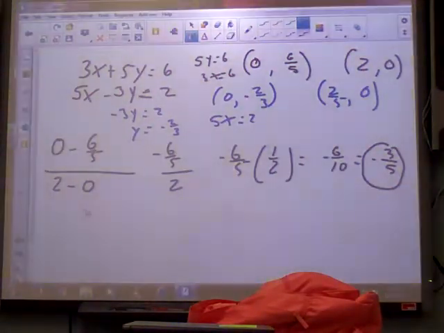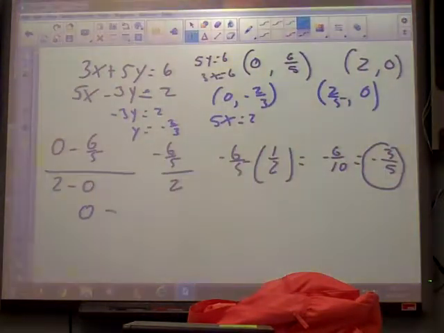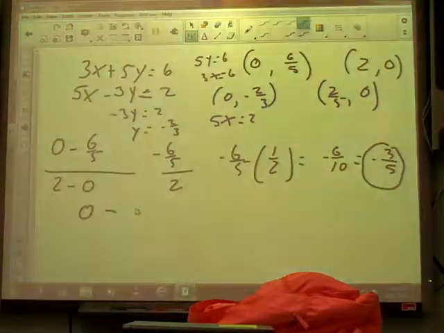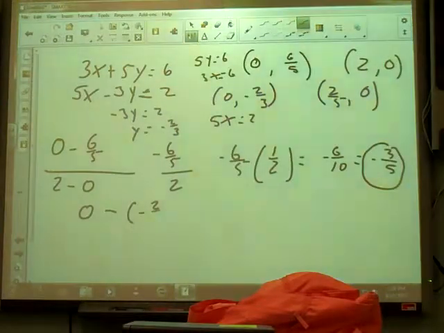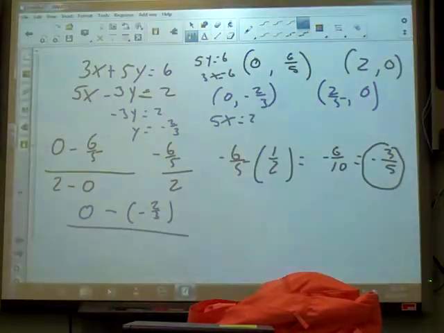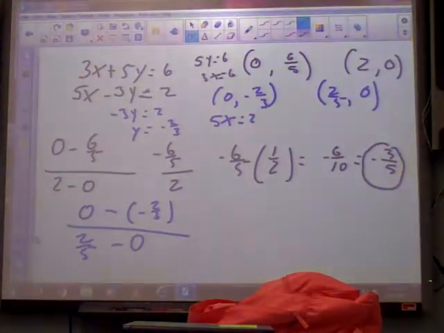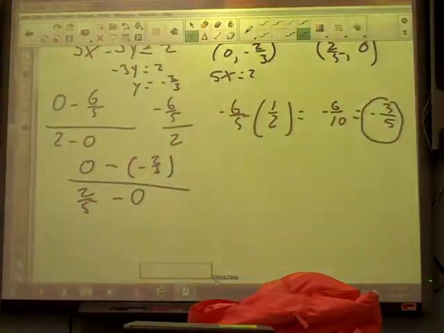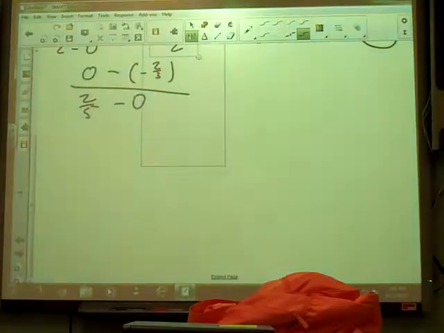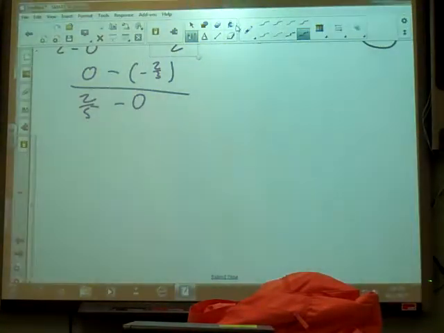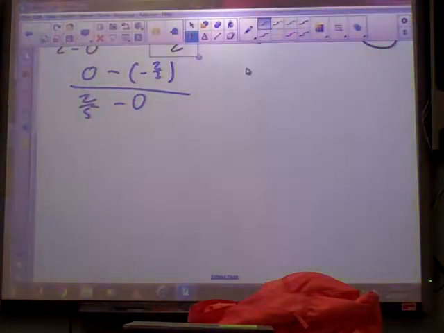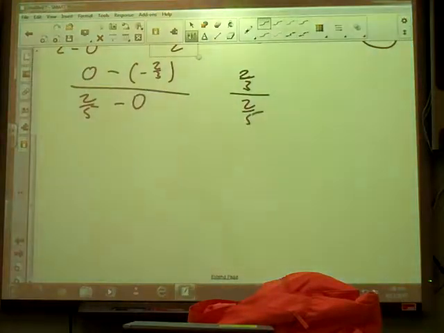So we've got y2 minus y1 over x2 minus x1. 0 minus negative 2/3 is positive 2/3. 2/5 minus 0 is 2/5.